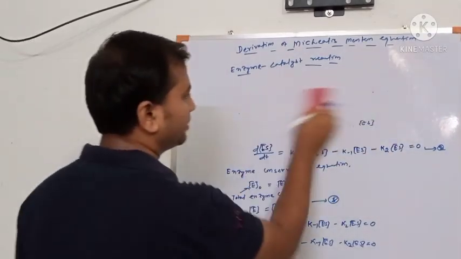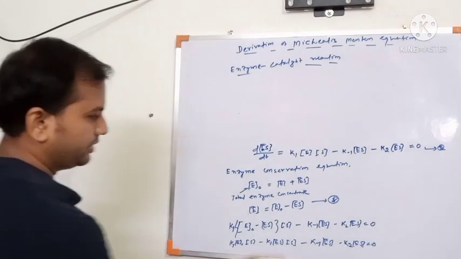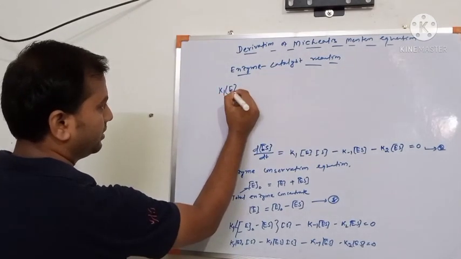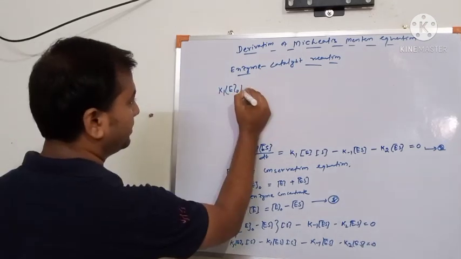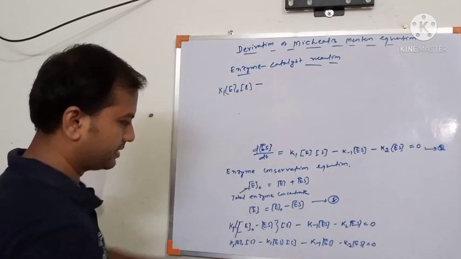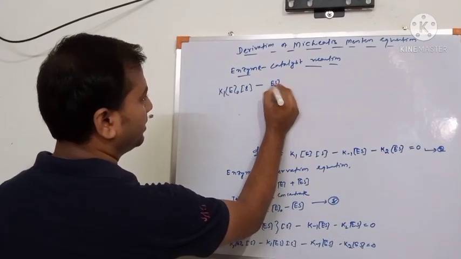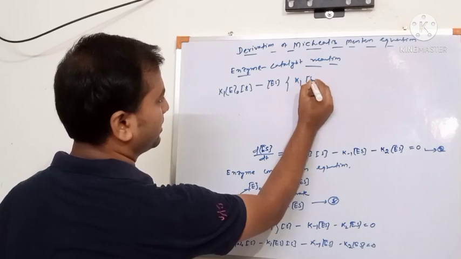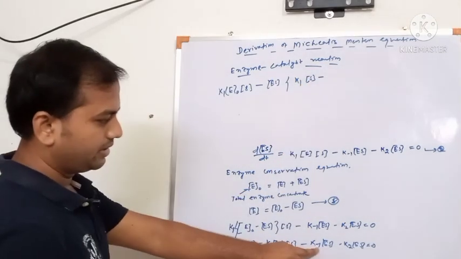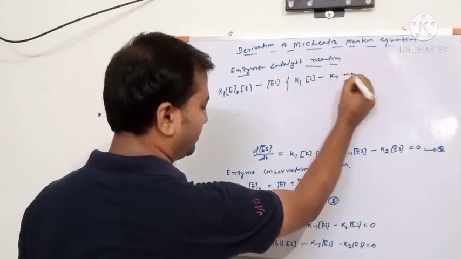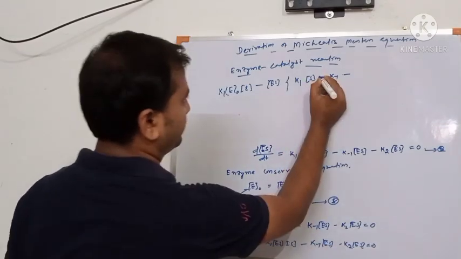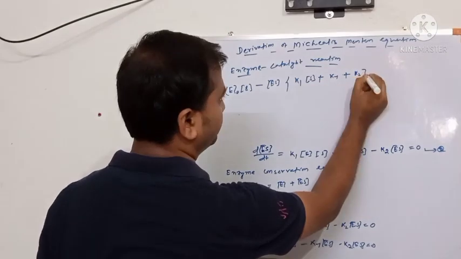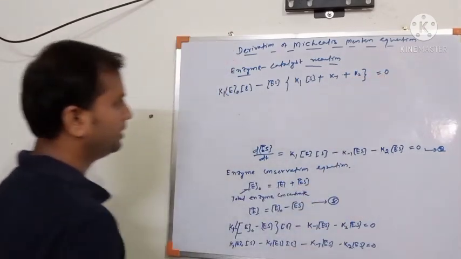Then taking the common term: K1 E naught S minus [ES] (K1 S plus K minus 1 plus K2) equals 0.